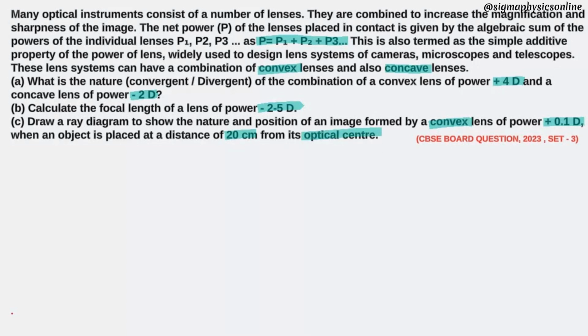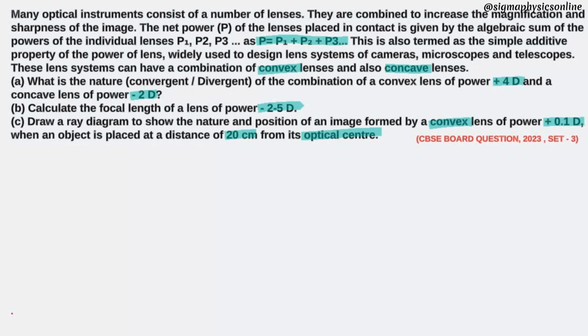So we have to find out the nature of the lens system when they are combined together. We have to calculate the focal length of the lens whose power is given as minus 2.5D, and we have to draw the ray diagram to show the position and image formation of a convex lens whose power is 0.1 diopter and when the object is situated at a distance of 20 cm from its optical center.